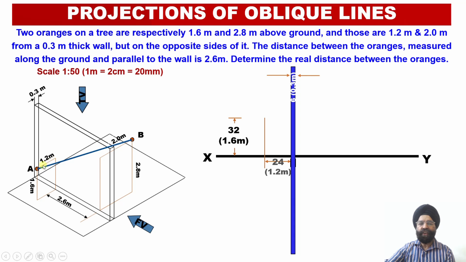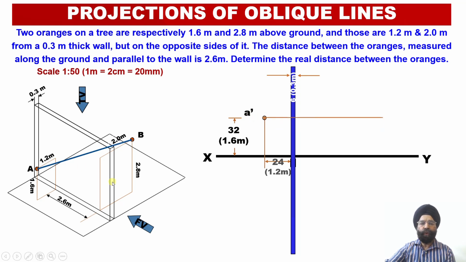So this distance of 1.2 towards left and 1.6 meter above the ground is going to provide us with the coordinate location of point A dash in the front view. So corresponding to this orange A, the location of the point A dash in the elevation has been located.